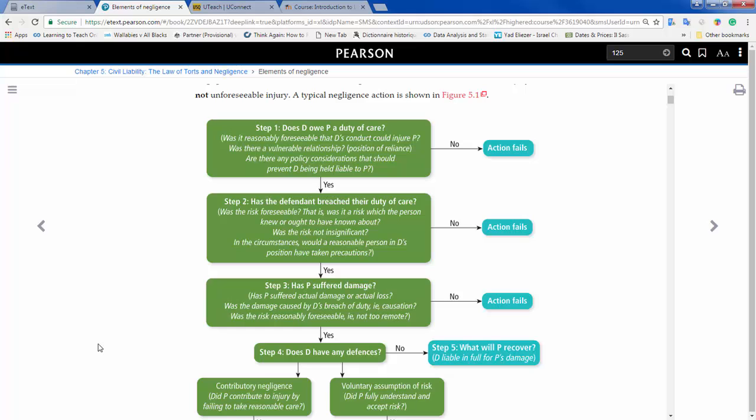So these are the three elements that you need to go through and ascertain through the set of facts that you have, whether each one of them is made out on the cause of action of negligence.